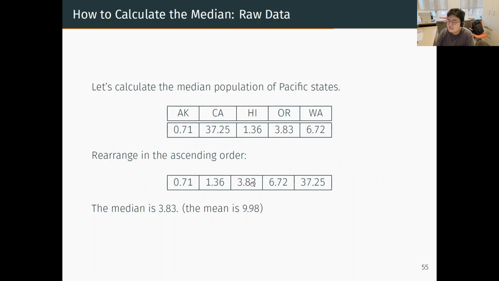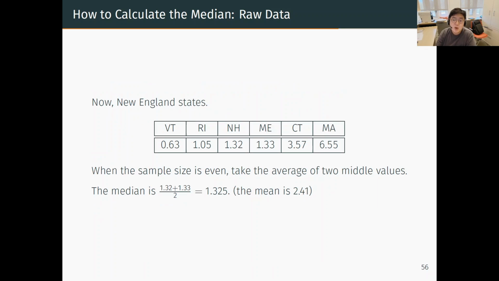Now, this is easy when you have an odd number of observations. But when you have an even number of observations, like New England states, which I already ordered in ascending order, there are 6 states in the New England region, and there is no middle because it's an even number. In this case, I take the 2 states in the middle and take their average.